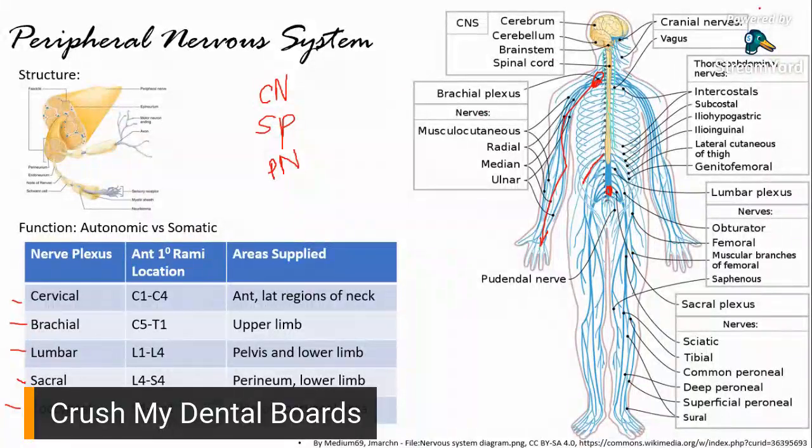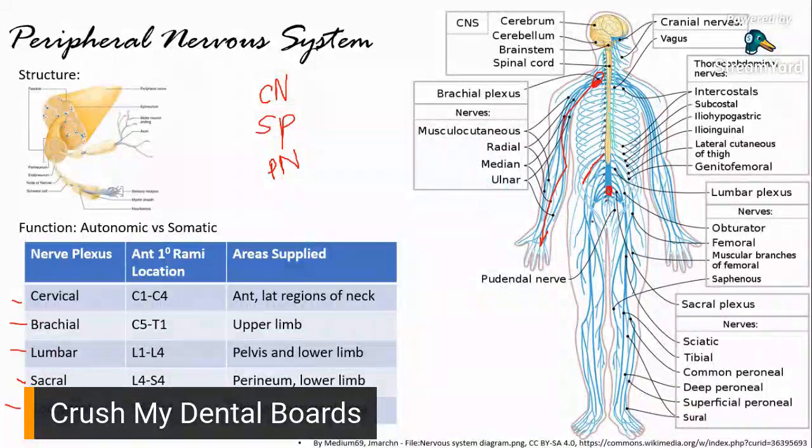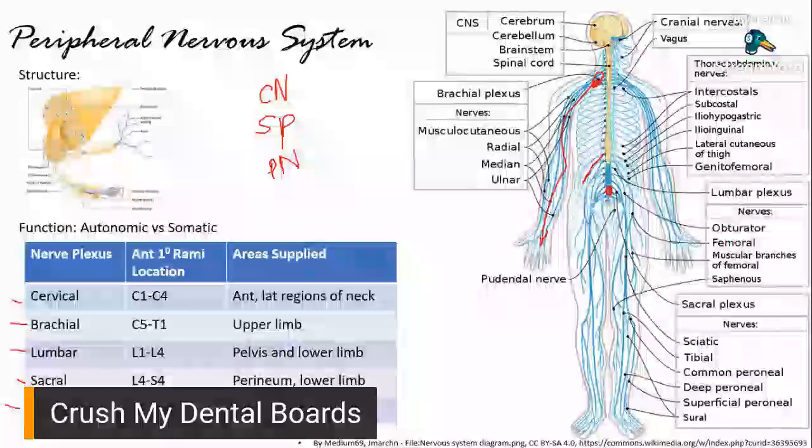Now, what do you see here? This is what I was saying, that, as we said earlier, a nerve plexus is like an intersection of nerves. It's a group of nerves. So, basically, these groups of nerves would eventually end up as your peripheral nerve going to your muscles.